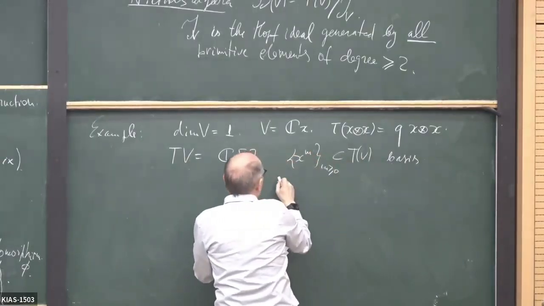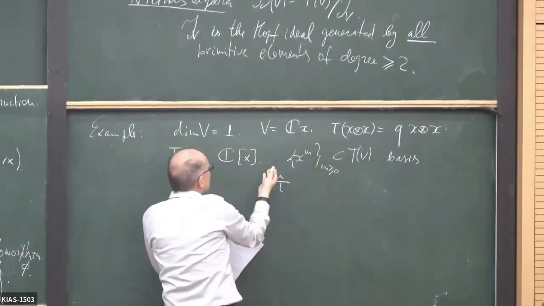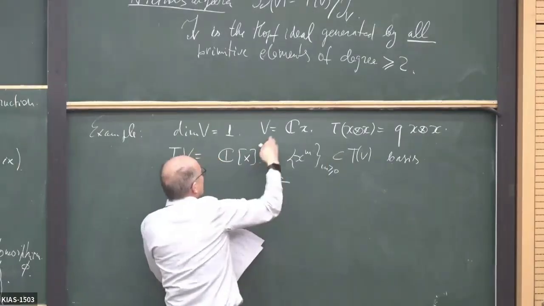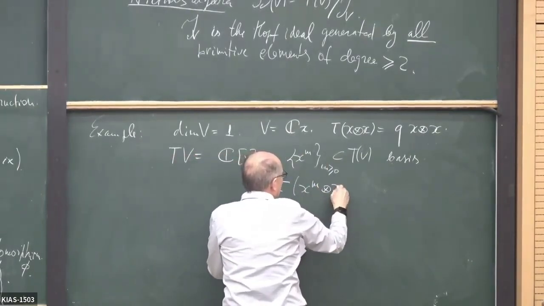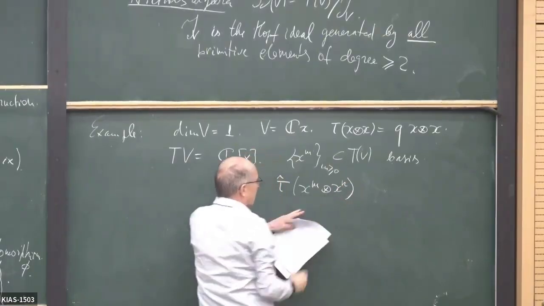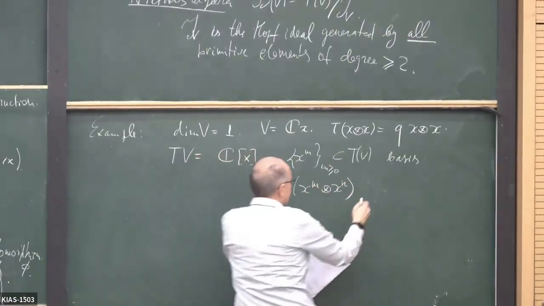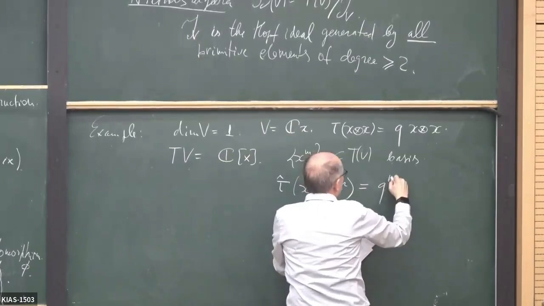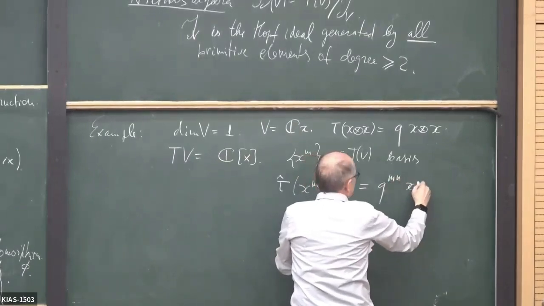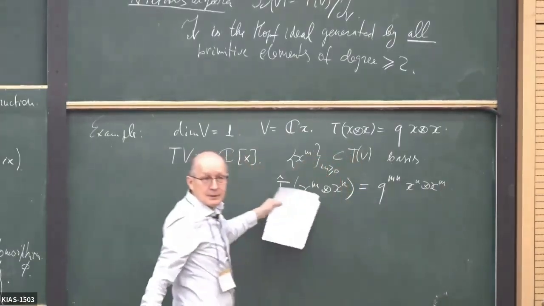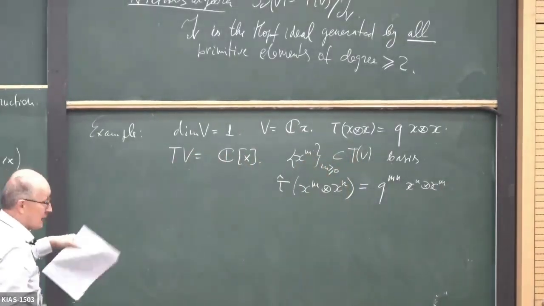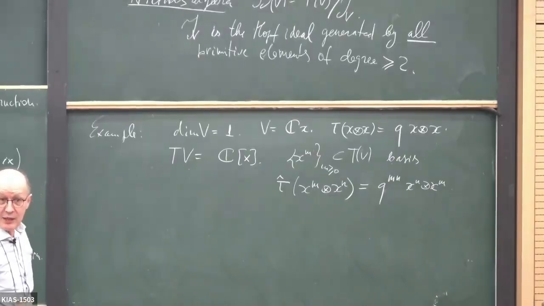And the tau hat, I mean the braiding induced by this tau on the space. So we should know how it acts on the tensor product of basis elements. And of course, this is just q to the power mn, x^n tensor x^m. So this is the braiding in the tensor algebra now.